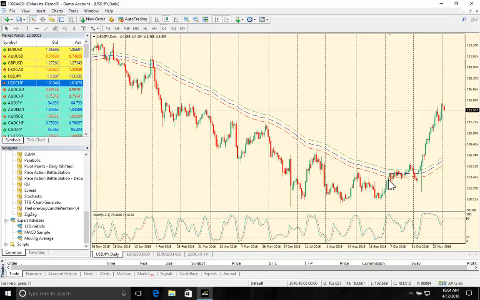This is USD JPY. What is the special characteristic of USD JPY for the long term? The interest rate in Japan is almost 0. In the US it's, sorry, 0.5. It means that if you are short on USD, you are buying JPY, you will pay the interest difference overnight.